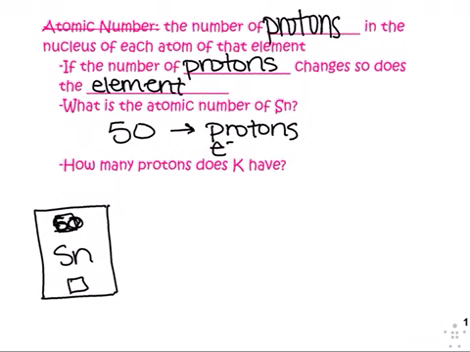However, if it is not an atom of tin, if it's an ion, this does not hold true. The electron count will change. So the only hard and fast, always and forever fact that we can get from this atomic number is the number of protons.